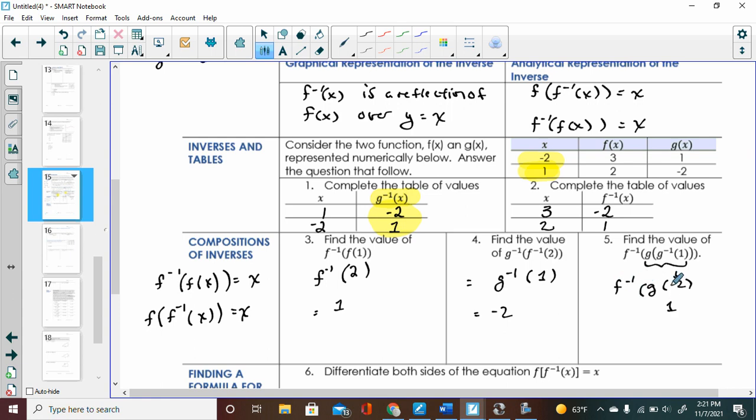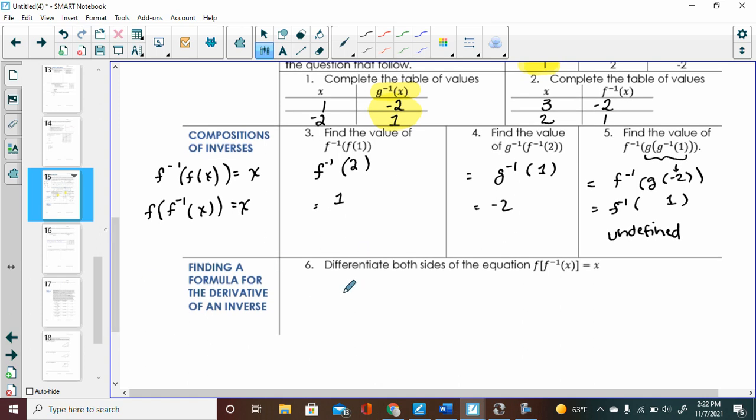And the inverse of 1, make sure I put my equal sign, right? Inverse of 1, well, I don't have that. And it's undefined. This is undefined because we don't have values for that. Okay.